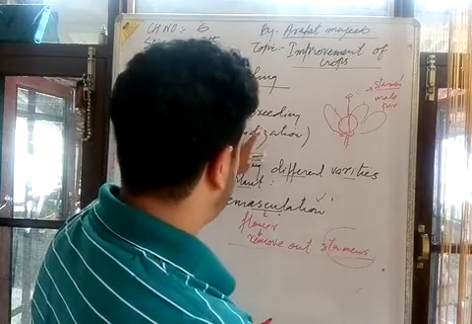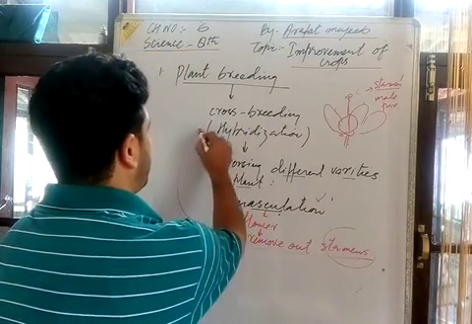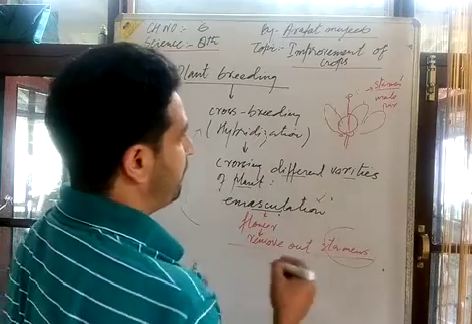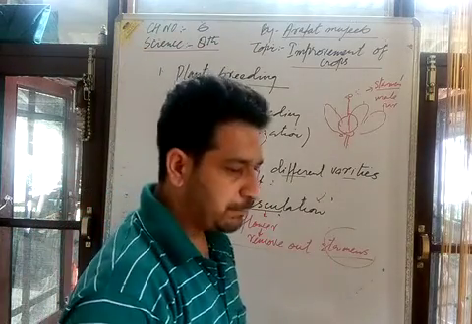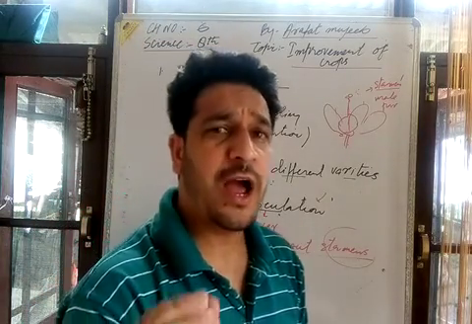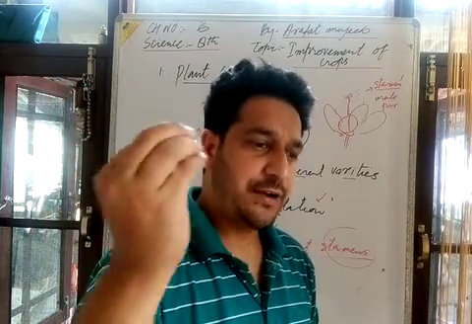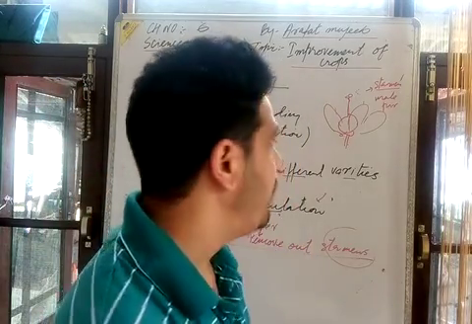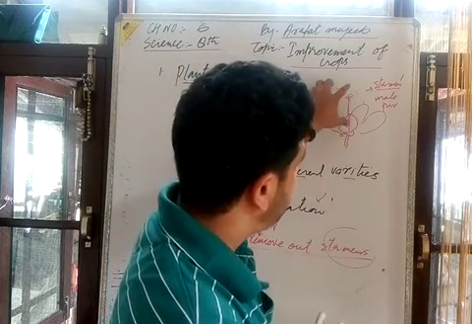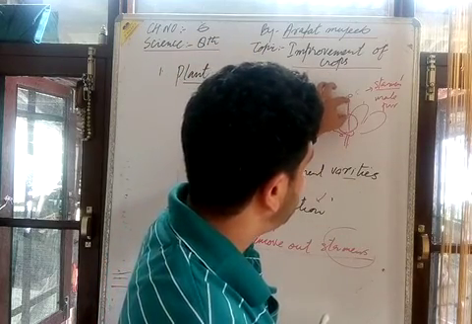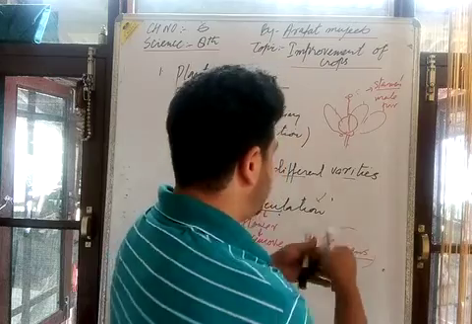So that we get a good result, then we perform this cross breeding. What do we do? We take the pollen grains of another flower and dust them over the stigma. It is the female part: stigma, style, ovary, and in the ovary there are ovules. You must have studied flower parts in 7th class.